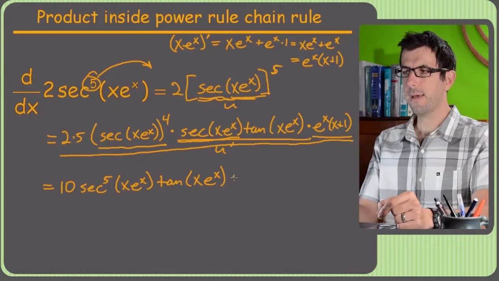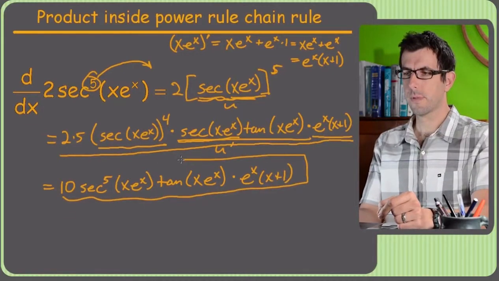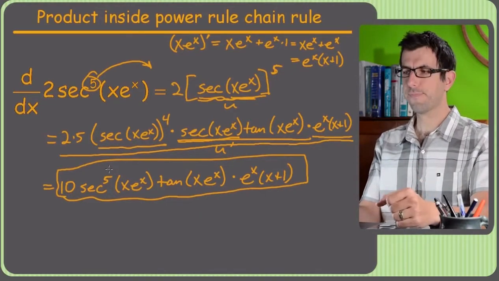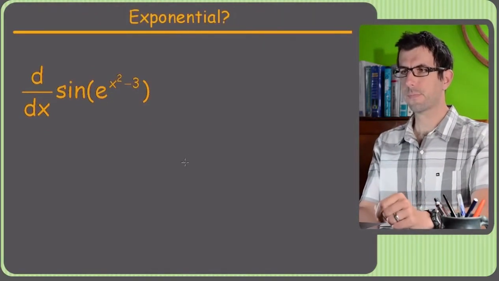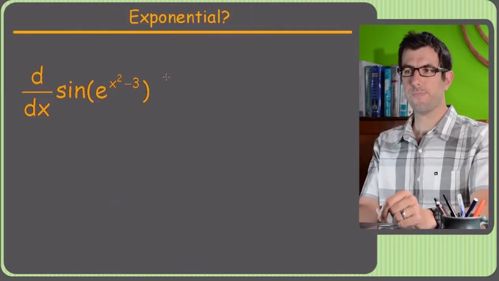And then finally, I've got an e to the x times x plus 1. Oh my gosh, pretty crazy. All right. Whew. Exponential with a nested chain rule type situation.